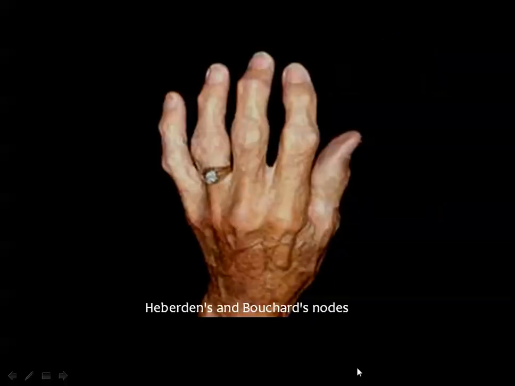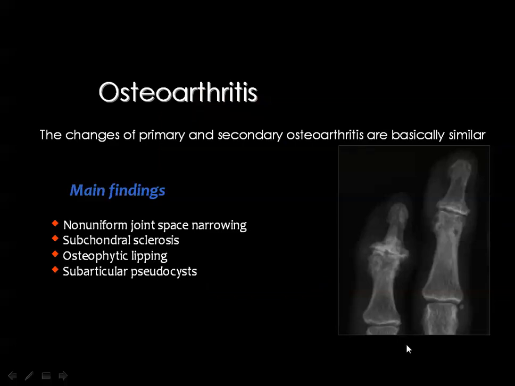And this is a photograph of the hand showing both types of nodes, the Heberden's nodes occurring in relation to the distal interphalangeal joints, and the Bouchard nodes occurring in relation to the proximal interphalangeal joints. And here are the manifestations by radiography.